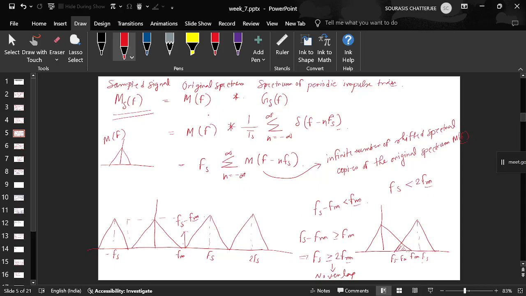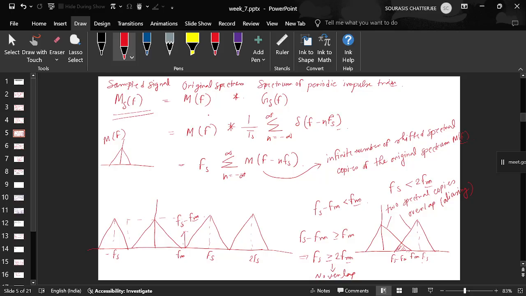Under this condition, these two spectral copies overlap, and this we term as aliasing.